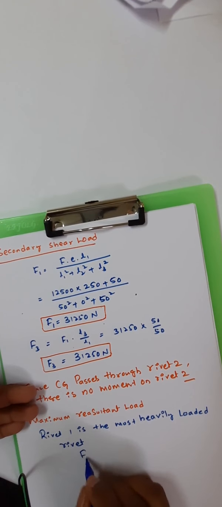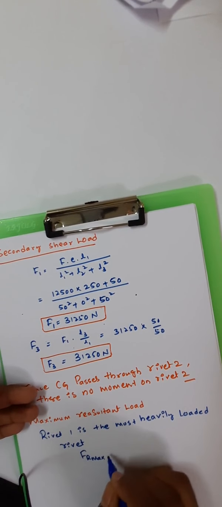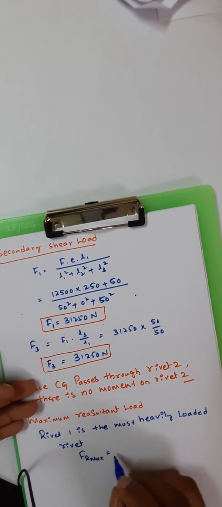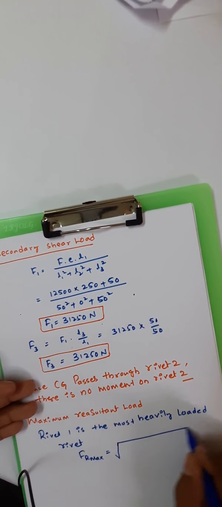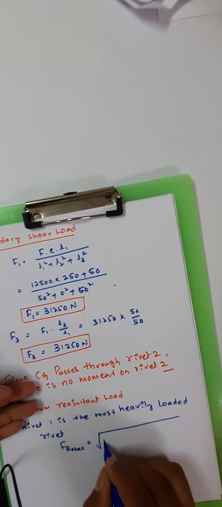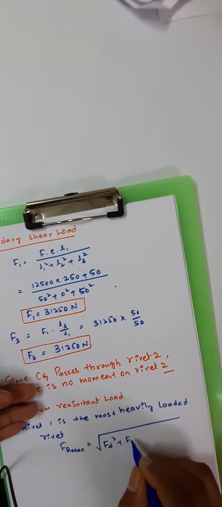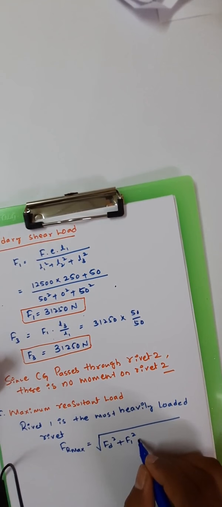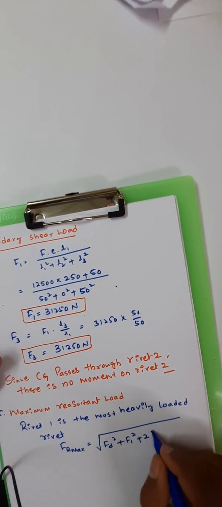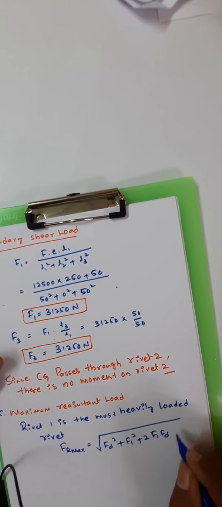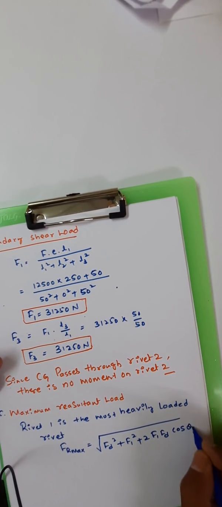So F maximum is equal to square root of Fd square plus F1 square plus 2 times F1 Fd cos theta 1.